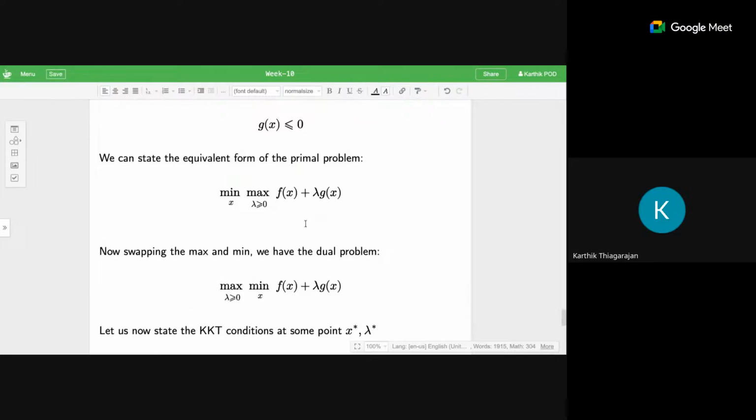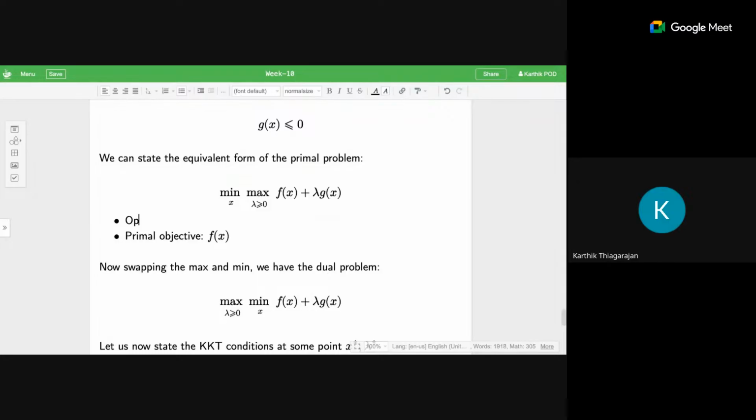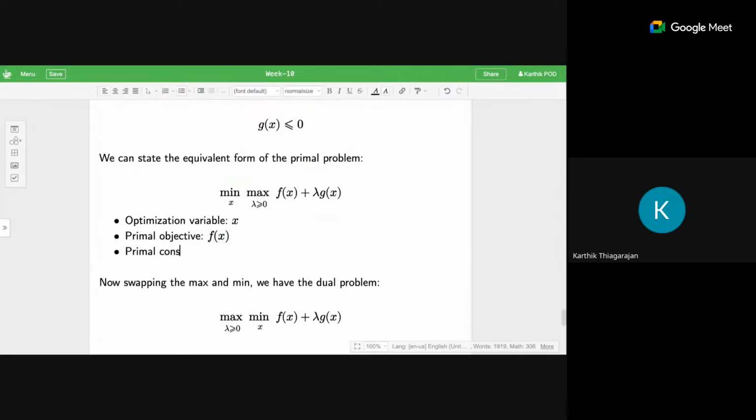The primal objective is f of x, the optimization variable is x, and the primal constraint is g of x less than or equal to 0. This completely specifies the primal problem.